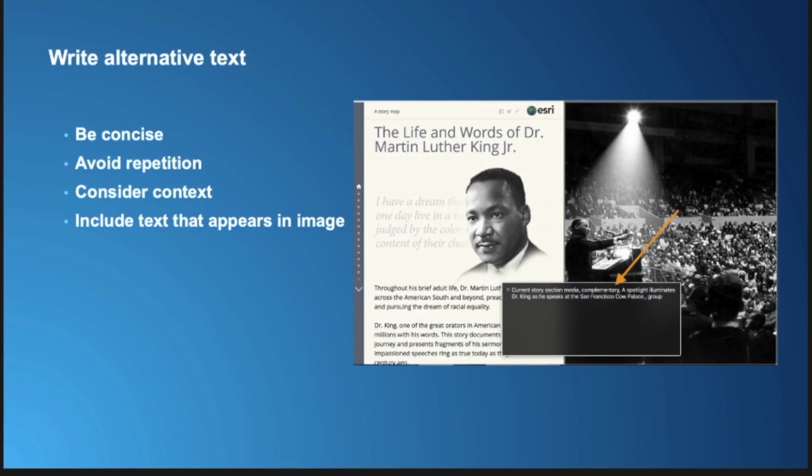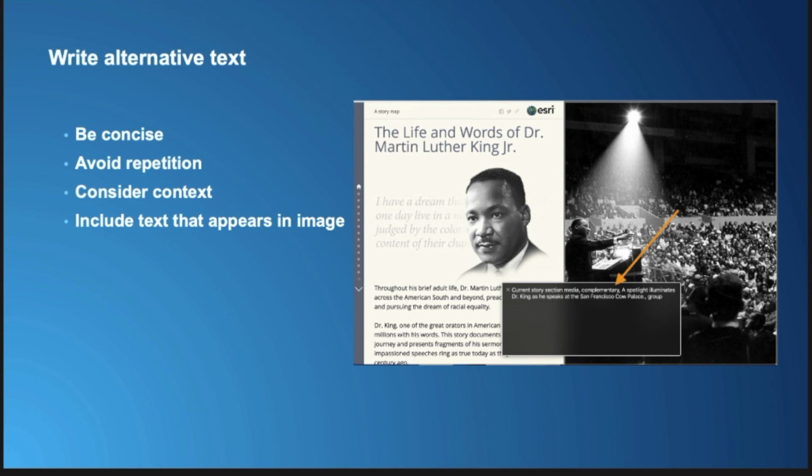So I mentioned earlier that you have to do your part when building sites with story maps by writing good alternative text. The StoryMaps team wrote a blog a few years ago, and it's linked here, that has good tips, I think. Some of the content up top is dated and applies to the classic story maps.